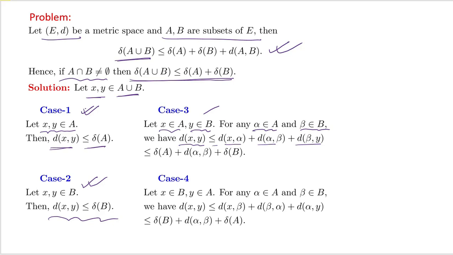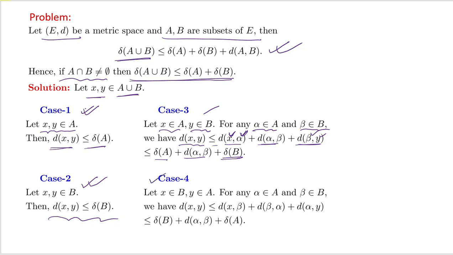Now in d(x,alpha), x is a member of A, alpha is a member of A. So if we replace d(x,alpha) by delta A, there is no problem because delta A is the supremum of all such distances. Now d(alpha,beta) remains as it is. Now d(beta,y) again can be replaced by delta B, because beta and y both are members of B, and delta B is the supremum of all such distances.